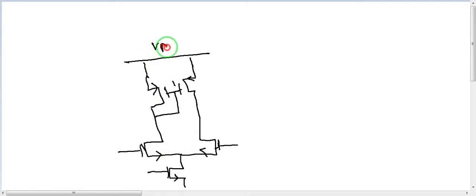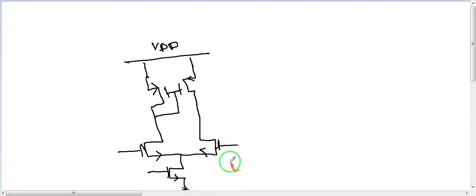As you can see, we have two differential inputs, and this would be the ground.